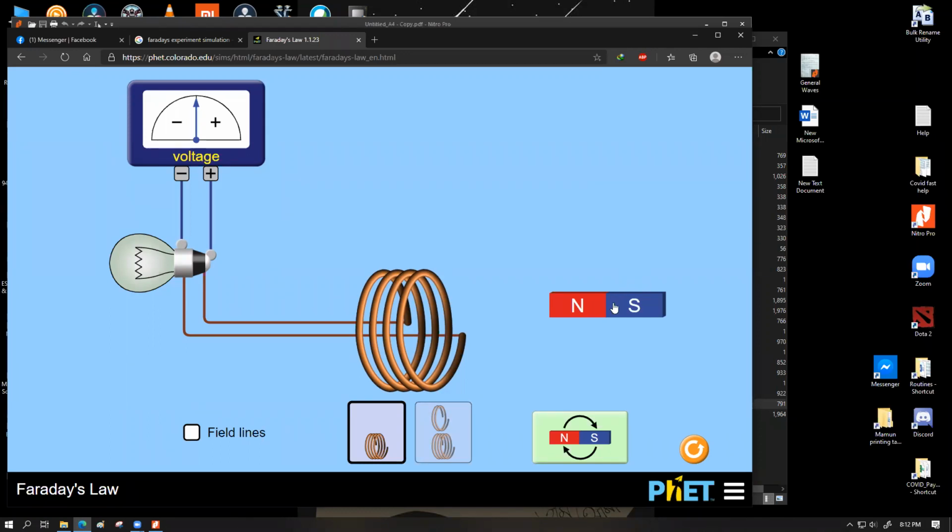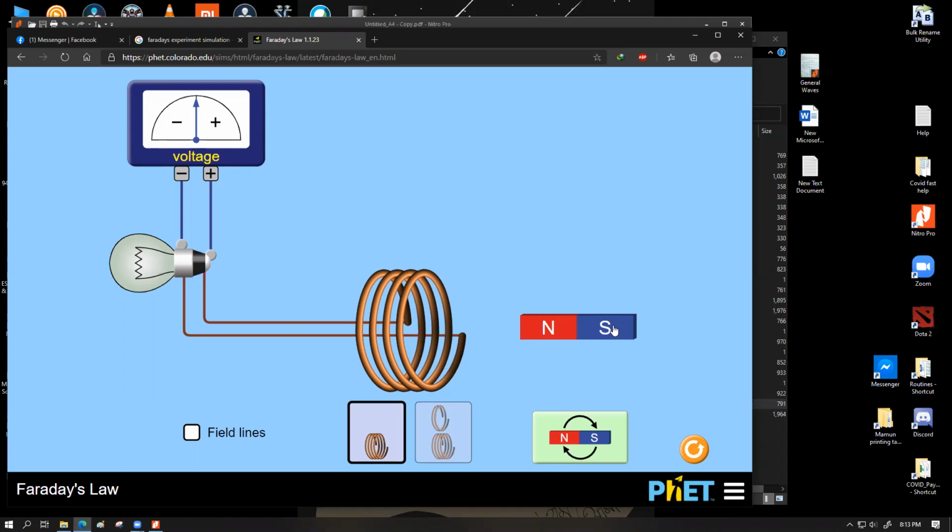Now, whenever the magnet is placed over here, this region is experiencing a certain strength of magnetic field. There is a fixed value. It is not changing over time.